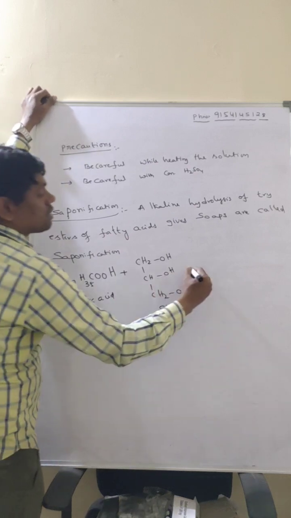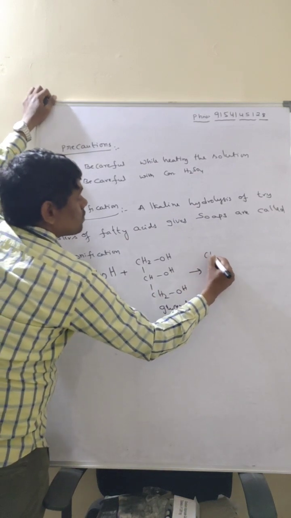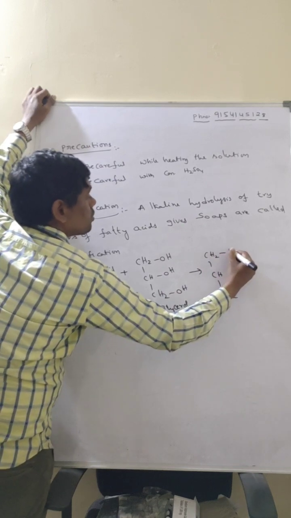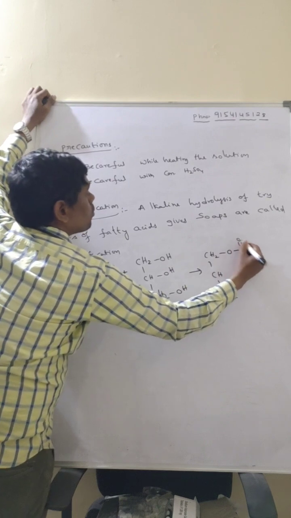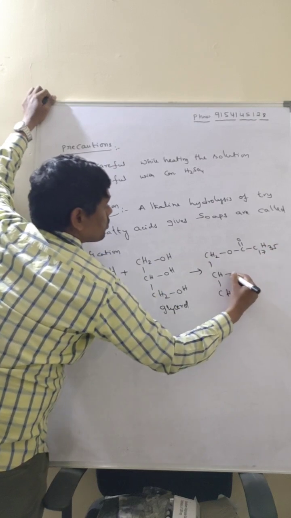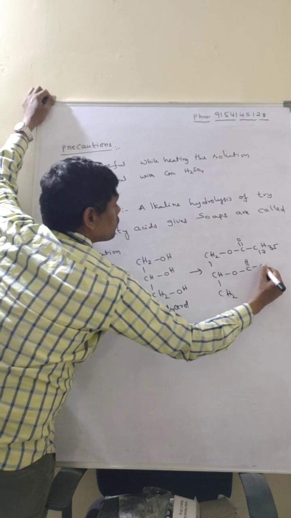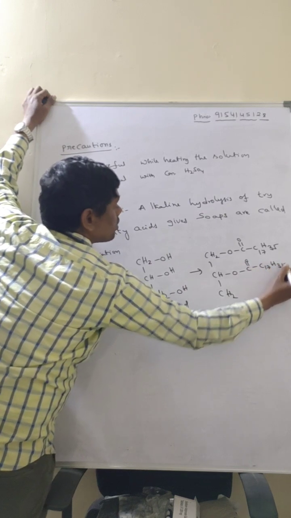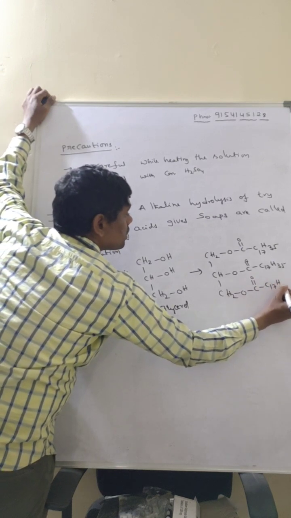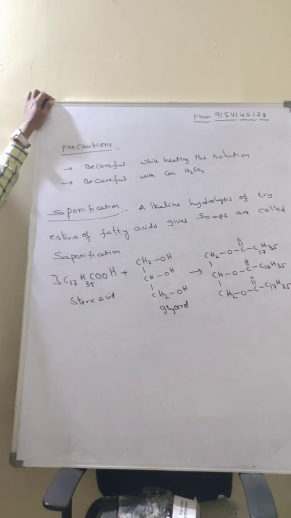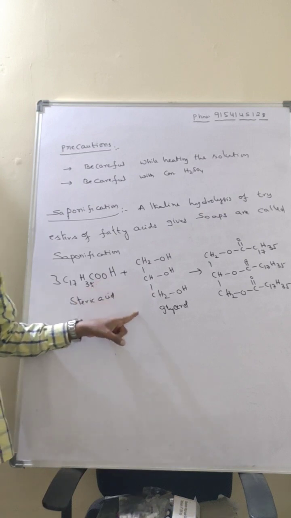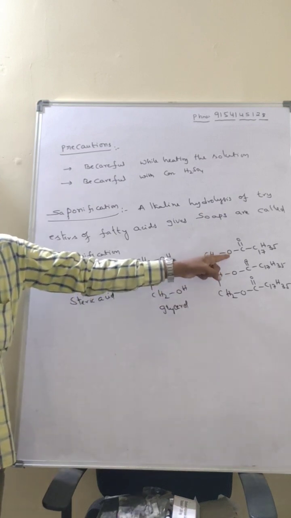Then that gives the triester of fatty acid: CH2-O-C=O-C17H35, CH-O-C=O-C17H35, CH2-O-C=O-C17H35. This is called a triester of fatty acid. Stearic acid reacts with glycerol, that gives triester.